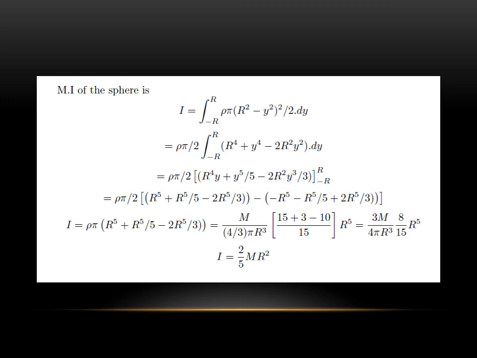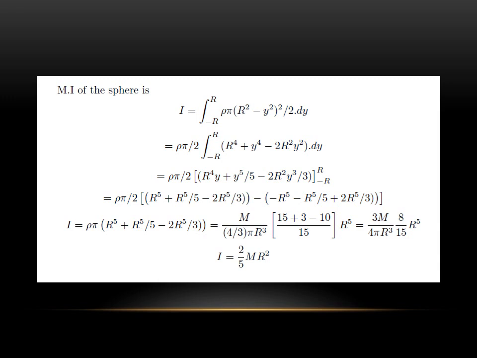If you integrate this, it is ρ into π(R² minus y²) whole square by 2 dy. So the 1/2 is taken out. Then (R² minus y²) whole square is expanded: R⁴ plus y⁴ minus 2R²y², into dy.